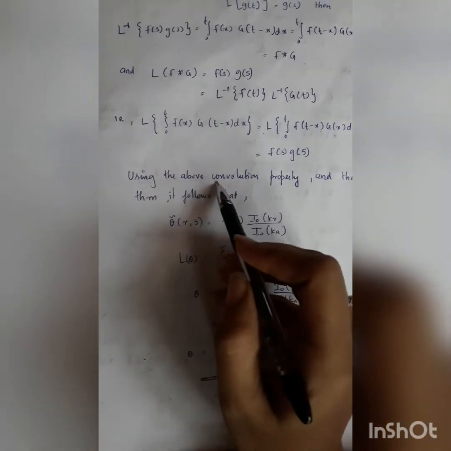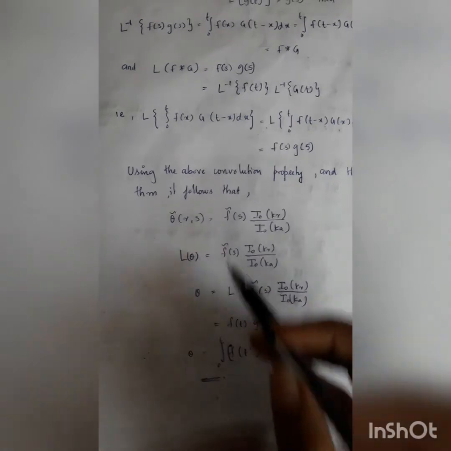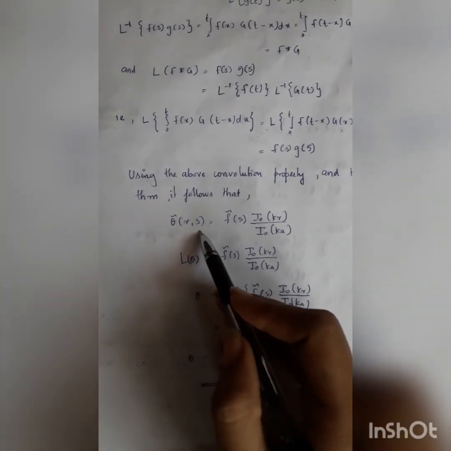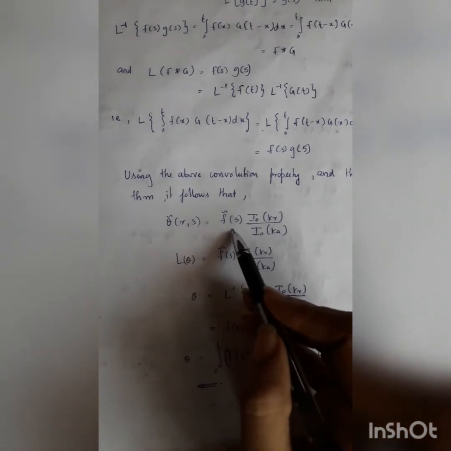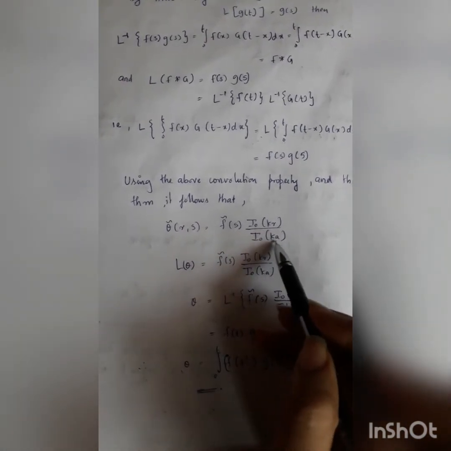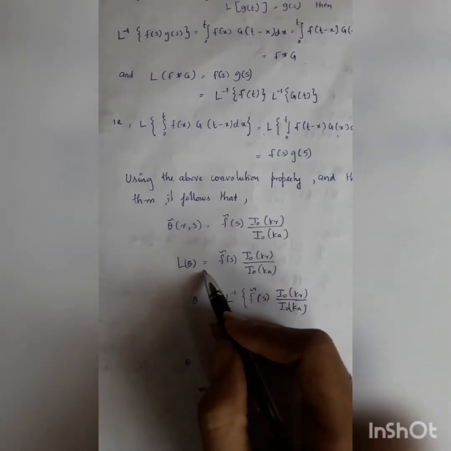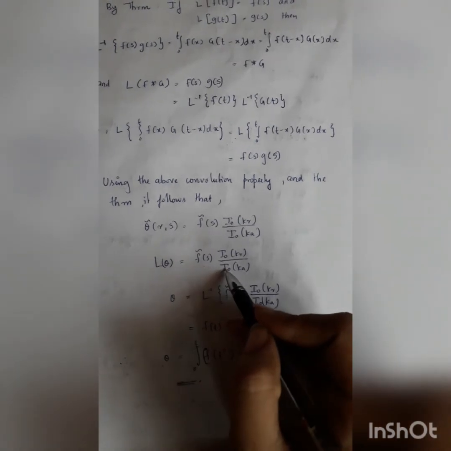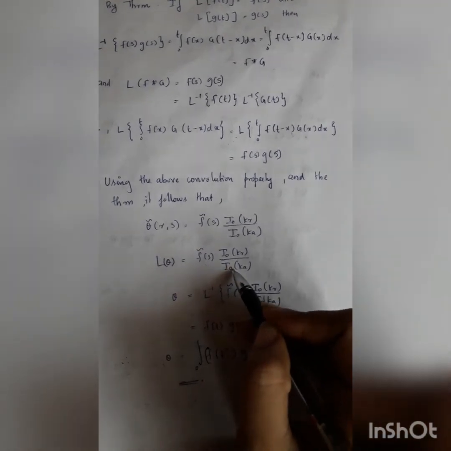So using this convolution property and the theorem, it follows that theta tilde of r comma s equals f tilde of s I0 kr divided by I0 of ka. That is, L of theta equals f tilde of s I0 of kr divided by I0 of ka.